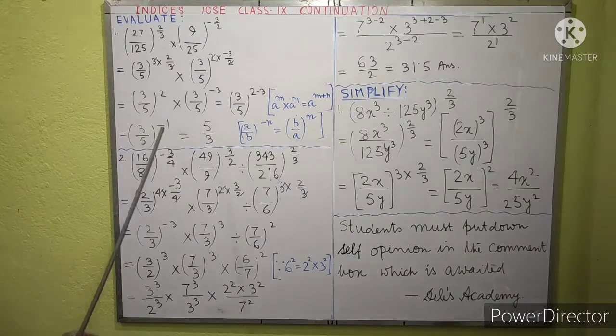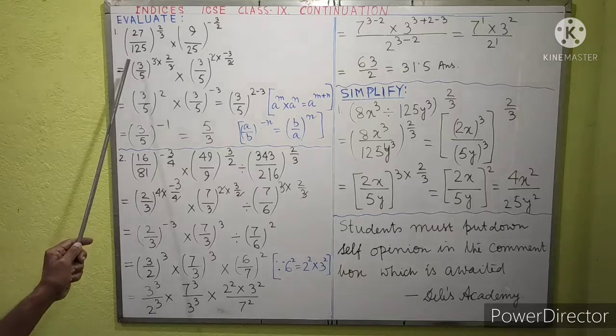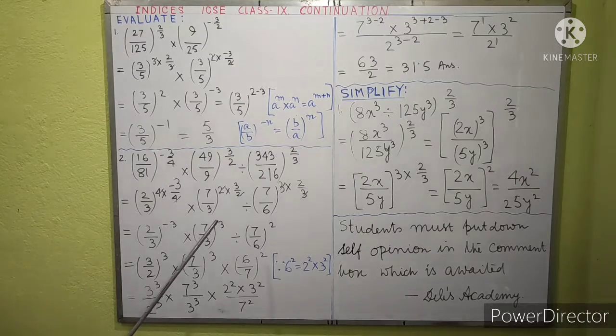The first one is (27/125)^(2/3) × (9/25)^(-3/2).